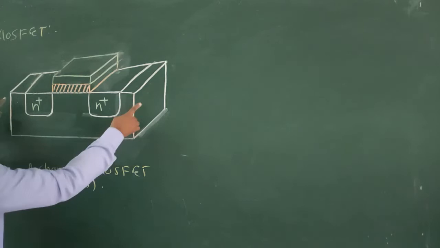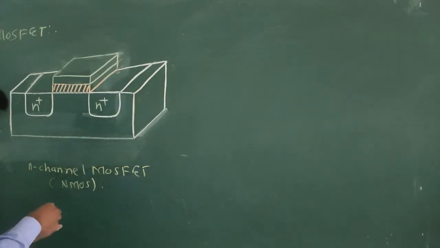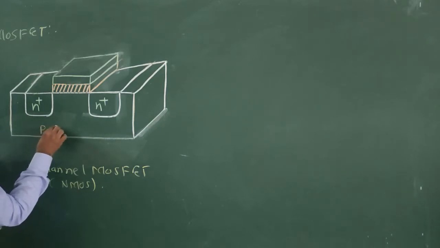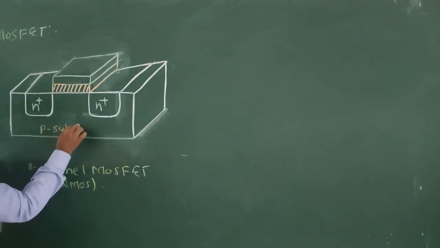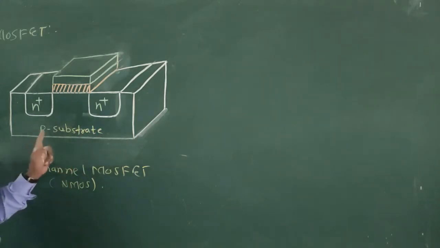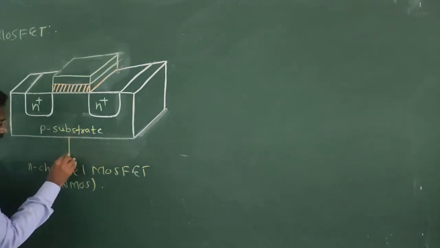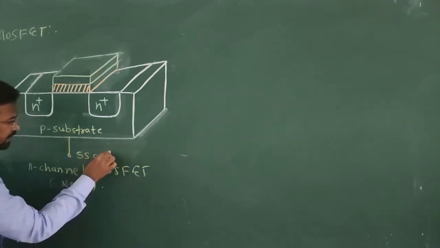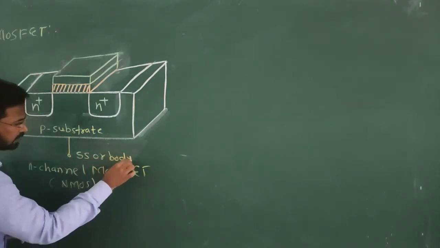This complete body is called P substrate. It is of P type semiconductor material. One terminal is taken from this and it is labeled as SS, substrate, or simply it is called body.